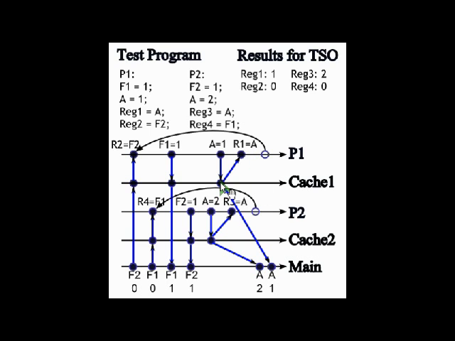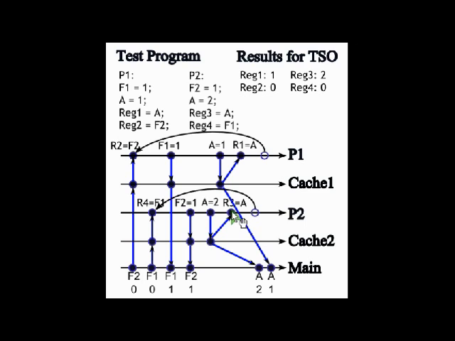Writes are split into two pieces. One piece is a write to the local memory, and the second piece is the write to main memory. And the feature is that this main memory write can be shifted relative to operations that follow the write.